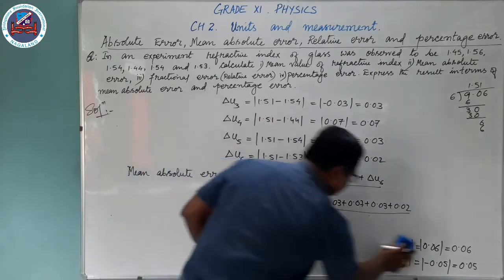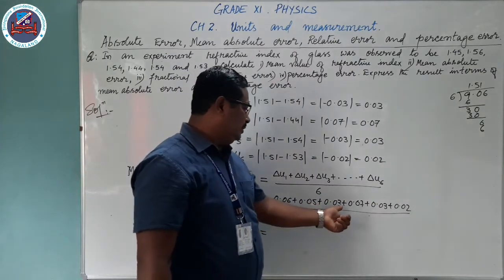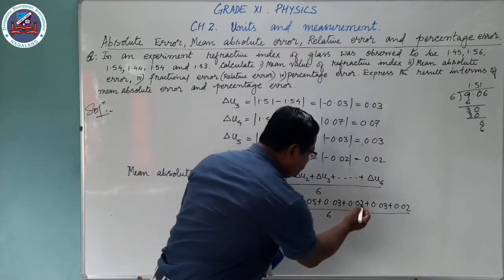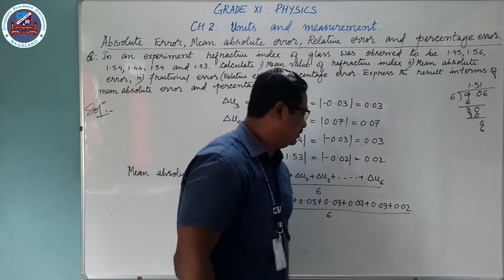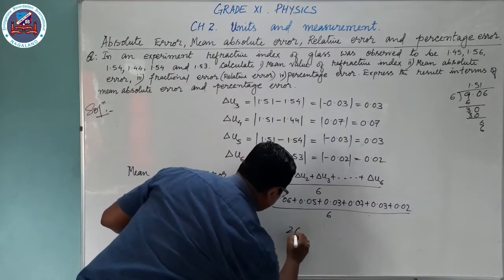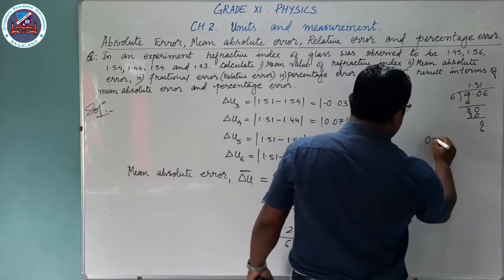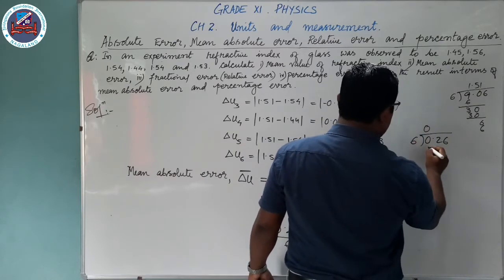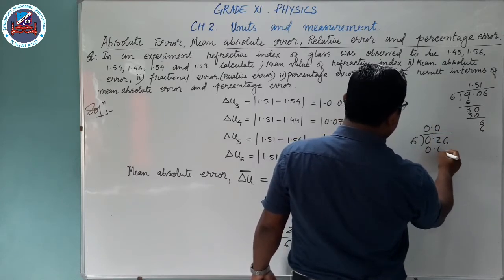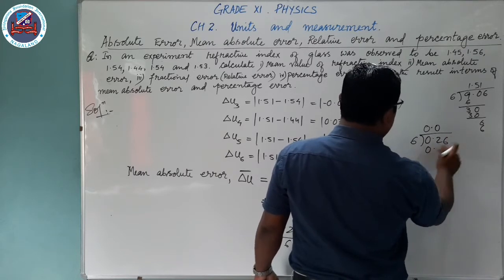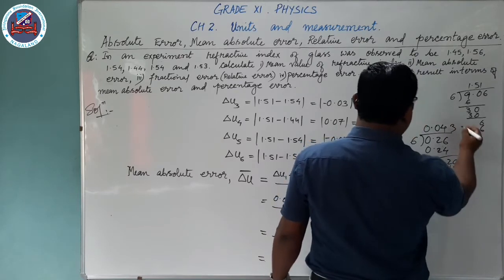Then you will get, add it up: 6 plus 5, 11; 11 plus 3, 14; 14 plus 7, 21; 21 plus 3, 24; 24 plus 2 is 26, divided by 6. 0.26 divided by 6: 6 fours are 24, 6 threes are 18, and 3 will go on.